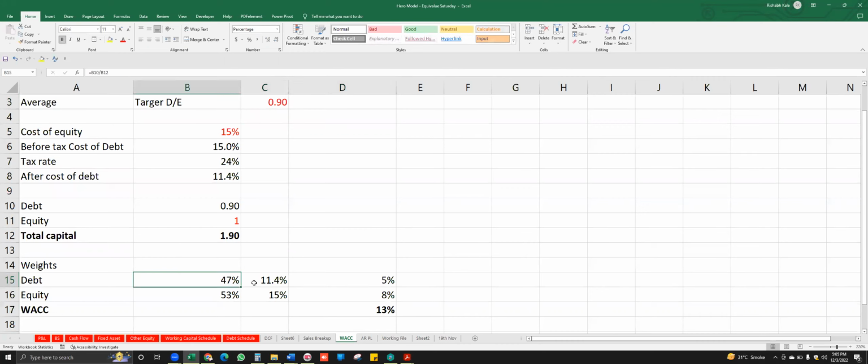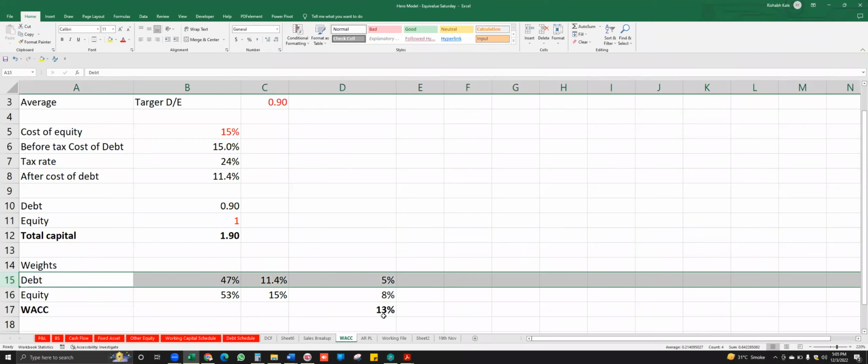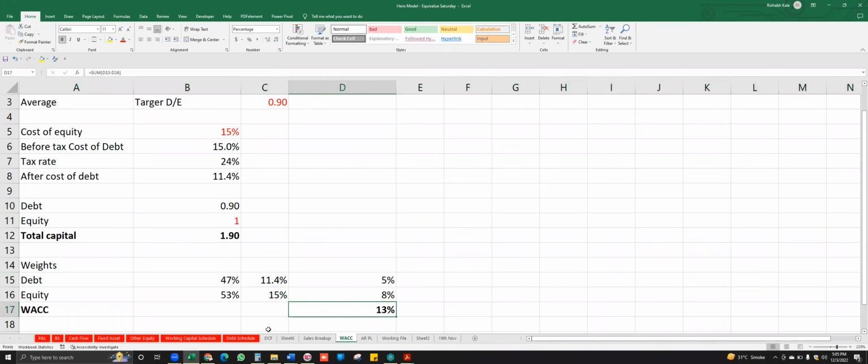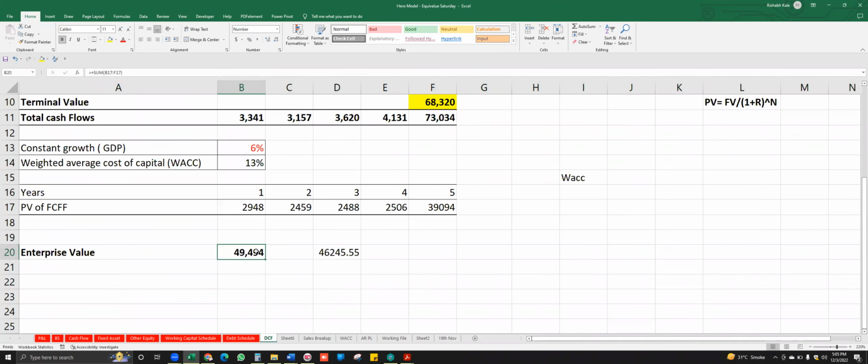Because now you are taking a debt which is much cheaper, and your equity, the expensive capital, is now a lower part of your proportion. Cheaper debt is a higher part of your total capital, so your WACC decreases. Obviously, when your WACC decreases, your enterprise value will increase. Value of the company will increase.